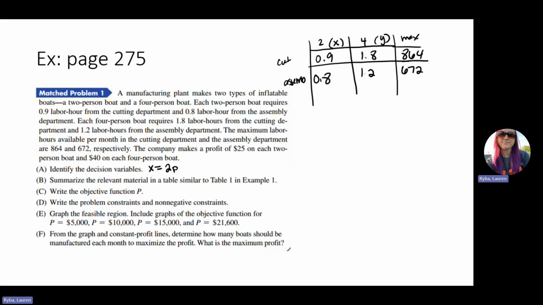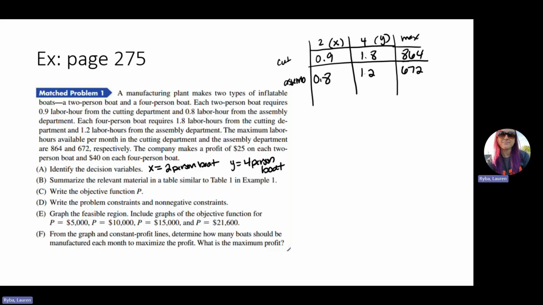So X is a 2-person boat. Y is my 4-person boat. Part B, I actually already did, where it said to put the data into a table. That's just because I default put any word problem like this into a table before I keep moving.